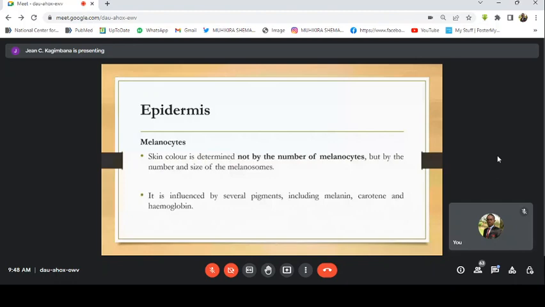Okay? This is very important. In white people, we have the same melanocytes. Okay? But the number of melanosomes and the size differ between white people and pigmented skin like ours. Okay? And it's influenced by several pigments, including melanin, carotene, and hemoglobin.